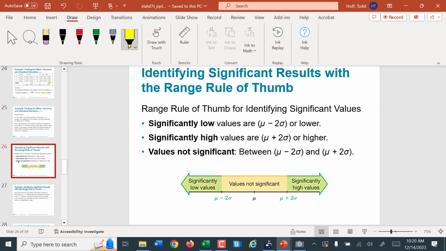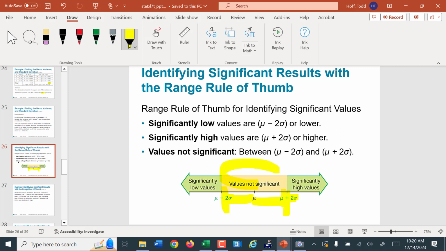So let's talk about significantly high values or significantly low values for our random variable. So the rule of thumb states that if we go 2 standard deviations below the mean, we expect most of the values to be larger than that. Or if we go 2 standard deviations above the mean, we expect most of the values to be smaller than that.